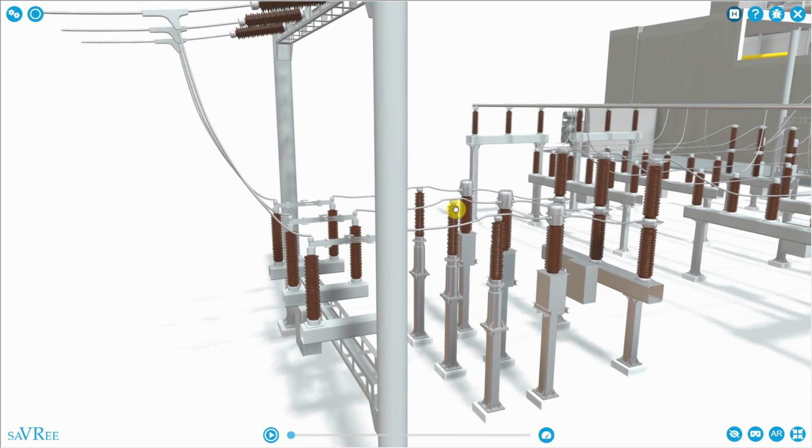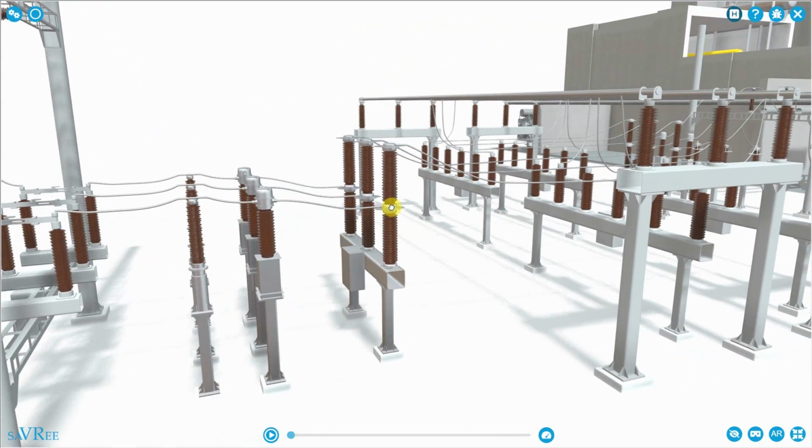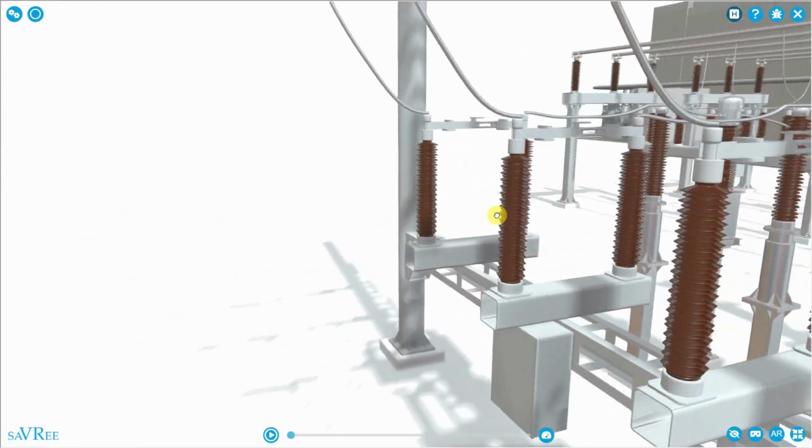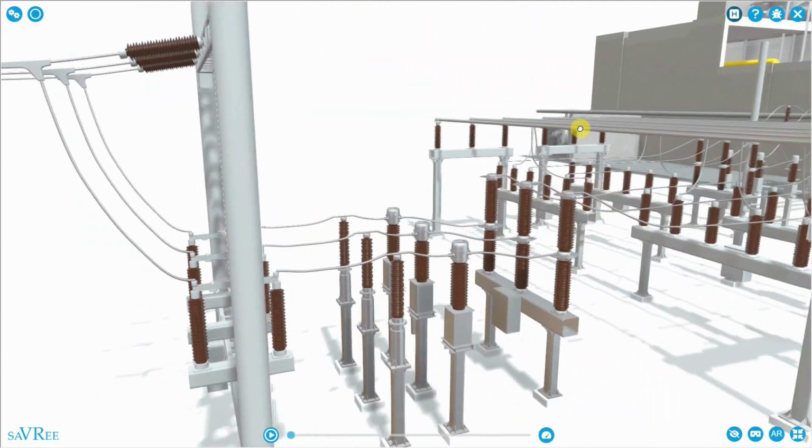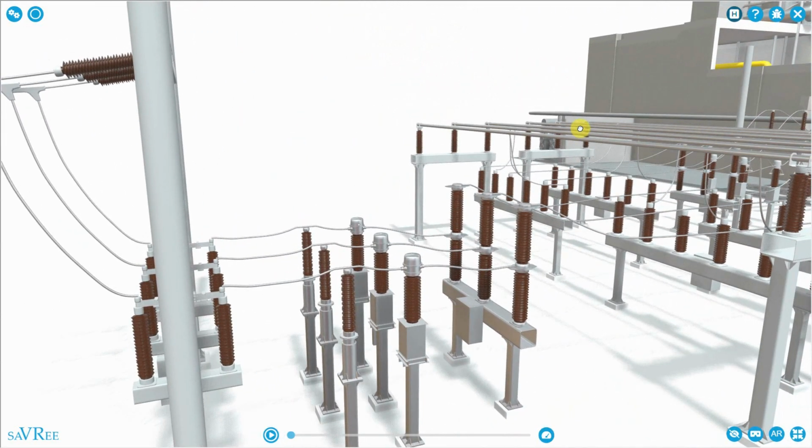So we're protecting our equipment from overcurrent, over voltage, over frequency, and things like that. You'll often have SF6 type circuit breakers within an open air switchyard. You'll definitely have disconnectors, these items that we're looking at here, and you'll have surge arresters or lightning arresters also.